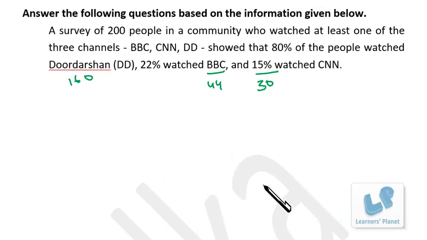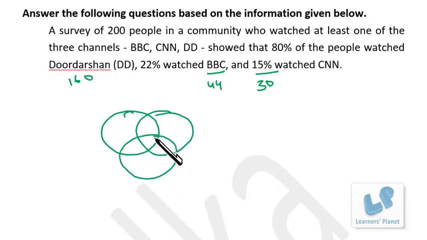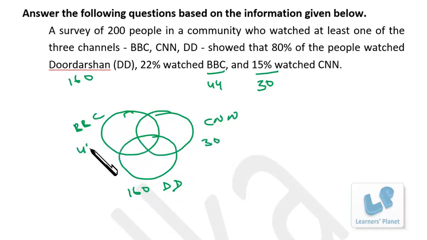So here I just draw the Venn diagram once again. BBC, CNN and DD. Okay, so DD is 160, CNN is 30 and BBC is 44.